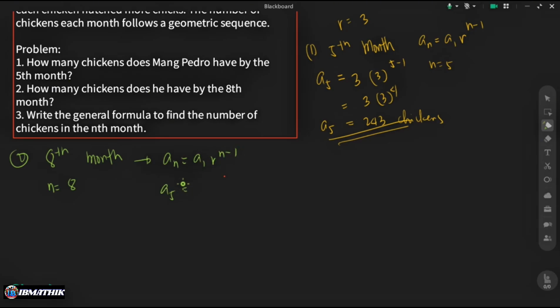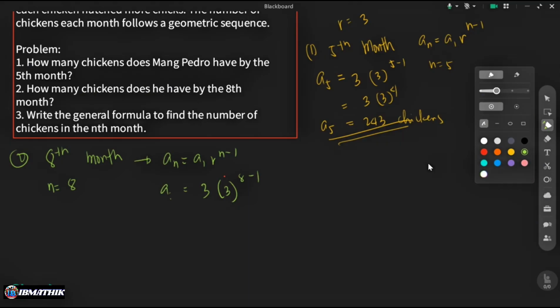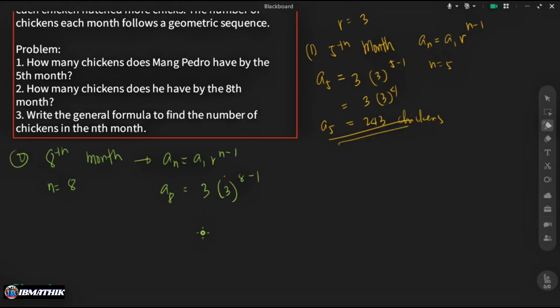Our first term is 3. Our ratio is 3. 8 minus 1. So 3 times 3 raised to 7.